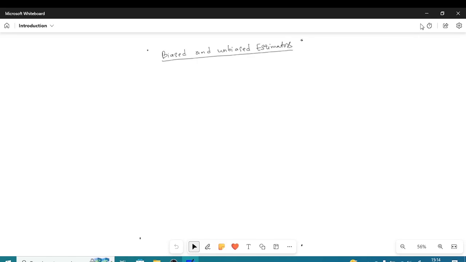unbiased estimator. Okay, so consider an estimator theta hat, which is some function of the observations.